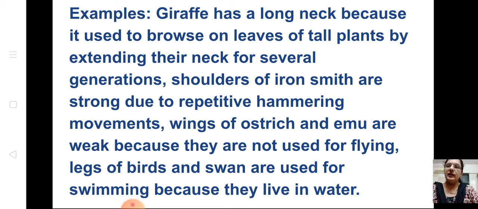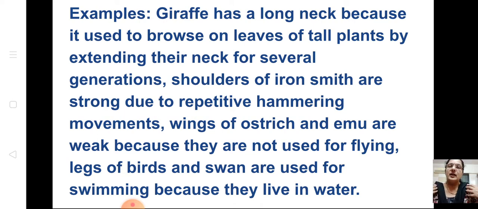When they take the leaves of tall plants, they extend their neck, and that's why even now the giraffes have got a long neck. Then, the shoulders of an ironsmith are strong due to repetitive hammering movements. Usually, ironsmiths beat the iron, they do the hammering movement.